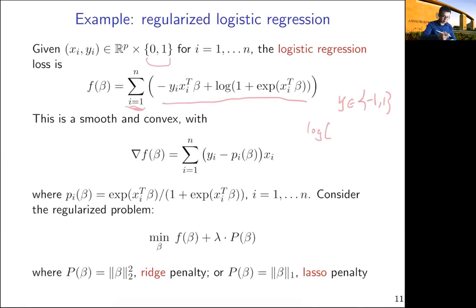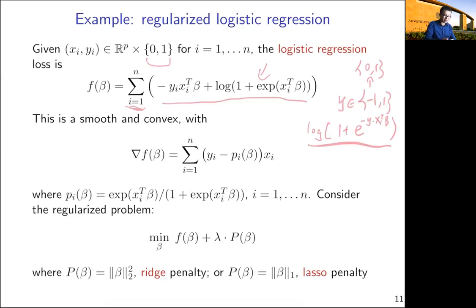That would be log of 1 plus exponential of minus y times xi transpose beta. That would be the corresponding logistic loss. And this is a version of the logistic loss when you convert the domain of y to 0, 1. So either of these are valid logistic losses.